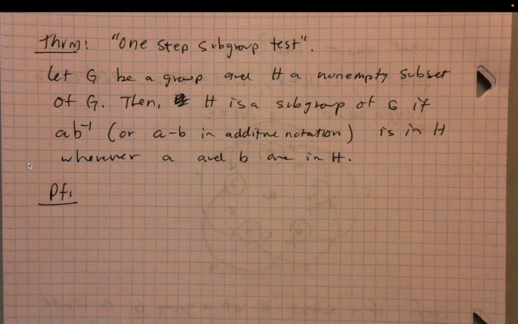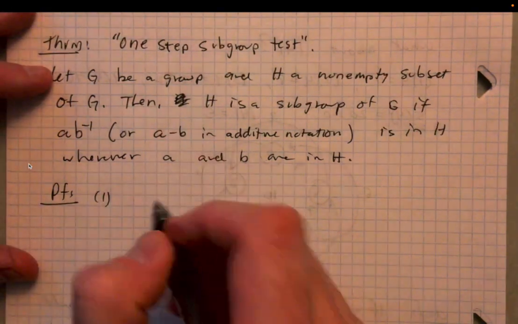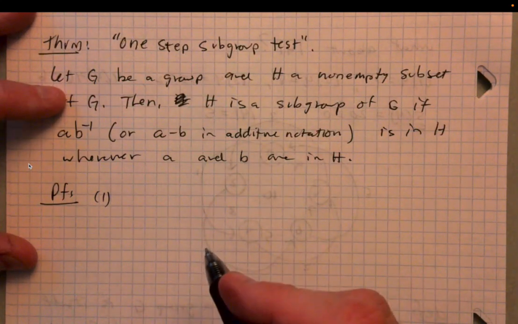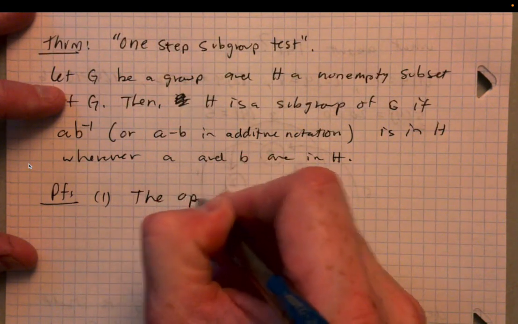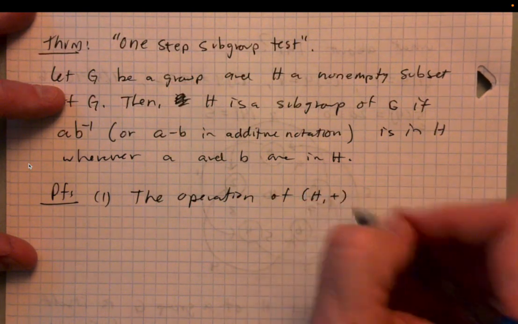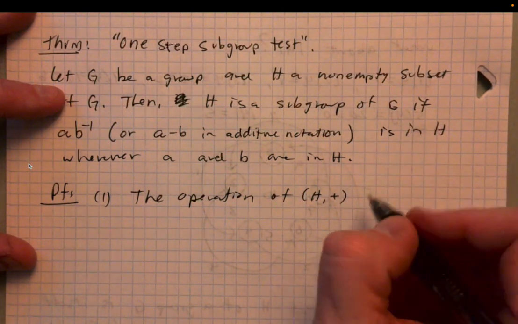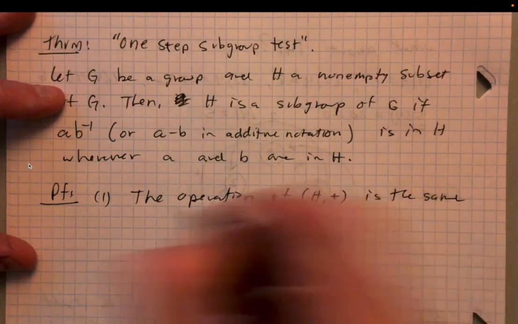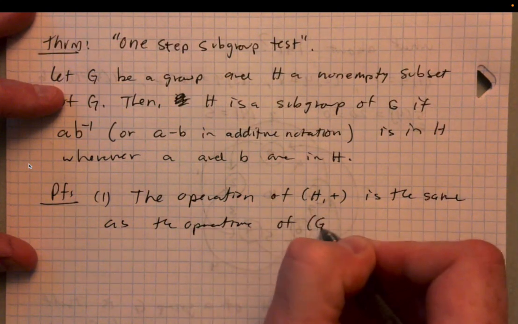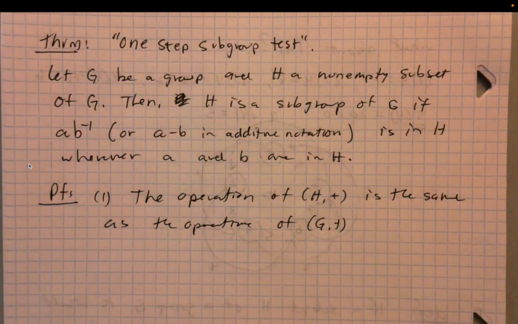All right, so there's going to be a couple steps here that we'll look at. The first thing to look at is the associativity of the operation, and that one we get for free. The operation of H, whatever the operation happens to be, is the same as the operation of G. And obviously all the elements you'd be applying this to are in H, which happen to also be in G. So you get associativity for free.